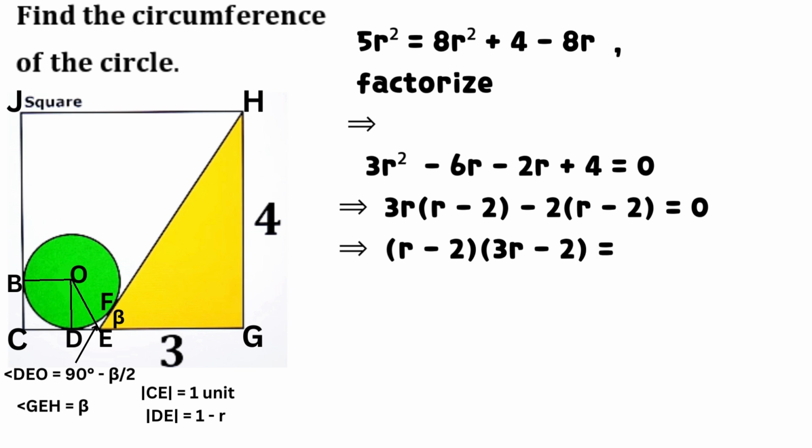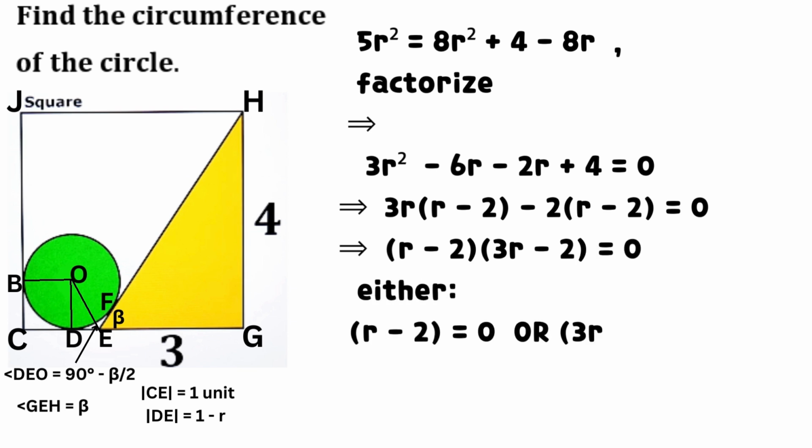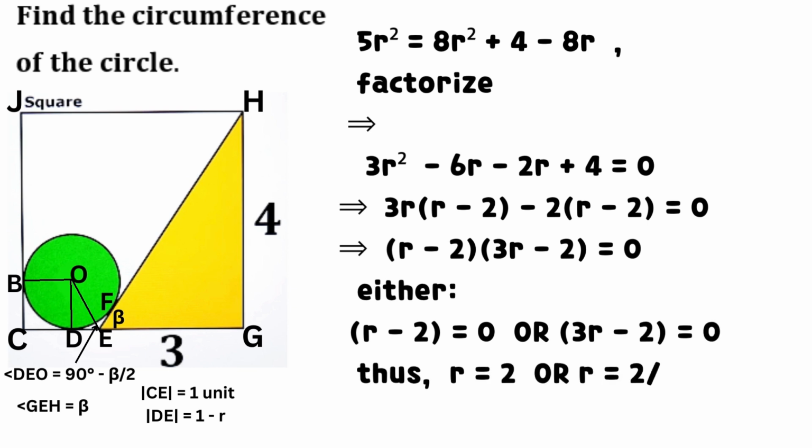We have that the product of R minus 2 and 3 times R minus 2 equals 0. Thus, R minus 2 equals 0, or 3 times R minus 2 equals 0. It implies that R equals 2, or R equals 2 divided by 3.